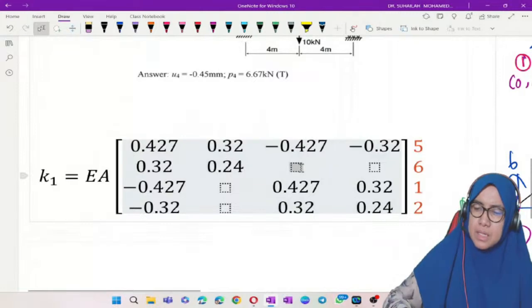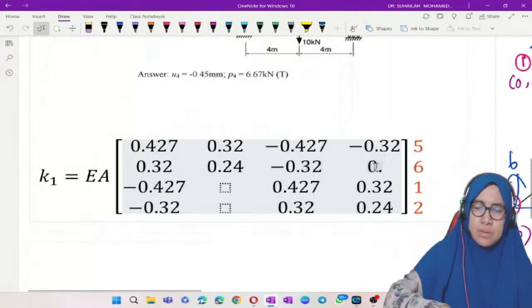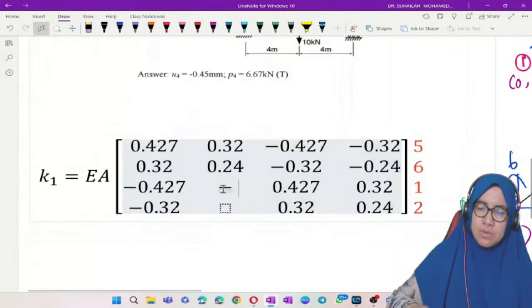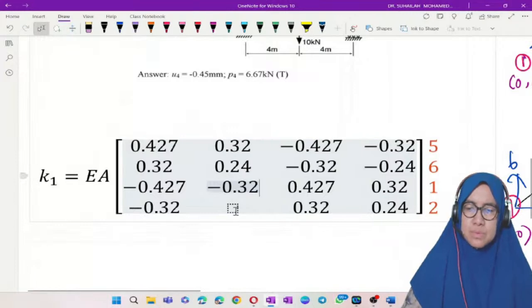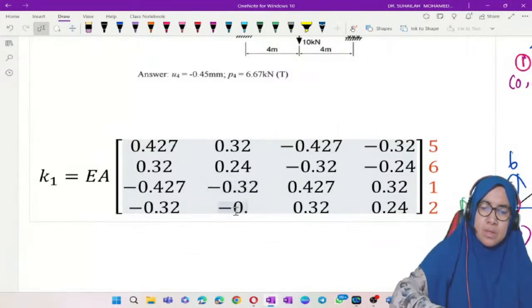This one is negative 0.32, this one is negative 0.24, this one is negative 0.32, and this is negative 0.24.